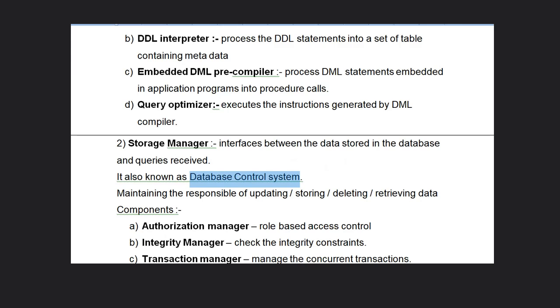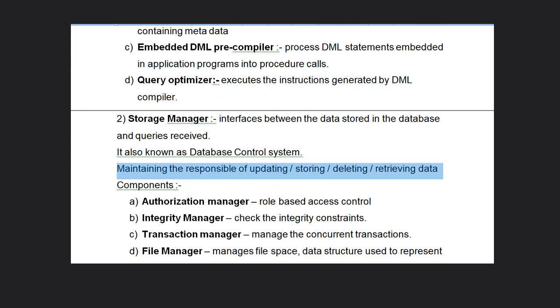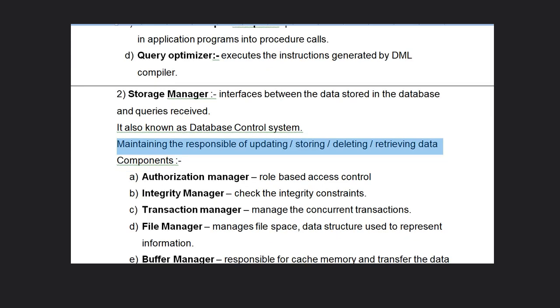by the storage manager. Next, the responsibility of updating, storing, deleting and retrieving the data is handled by the storage manager. The storage manager has the following components, like the authorization manager. With the authorization manager, role based access control can be managed.